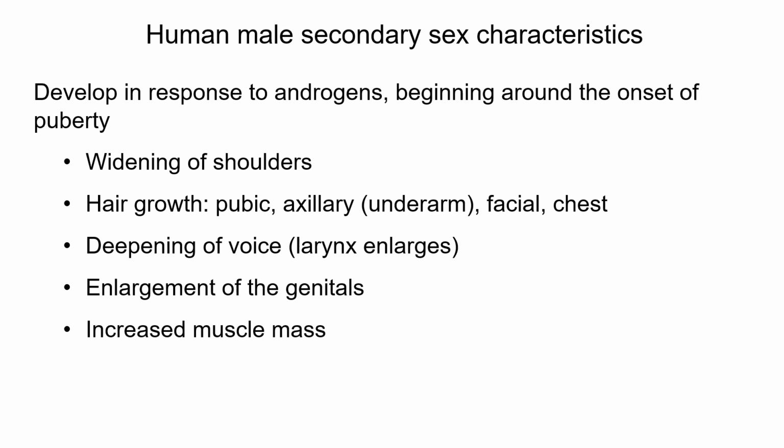Pubic hair will grow, armpit hair will grow, hair on the face and hair on the chest becomes thicker and denser. The larynx gets larger, so those vocal cords get longer, and they start to produce deeper, lower pitches. The genitals get larger, the penis and the testes get larger, and then there's an increase in muscle mass.